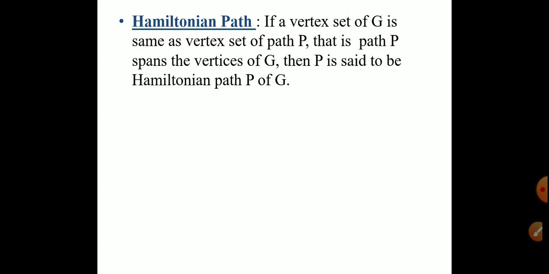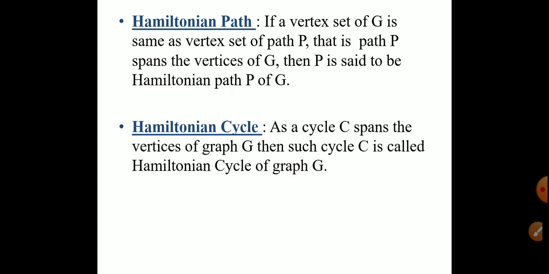So the number of vertices in the path P and the graph G are the same, that is, the path P spans all the vertices of the graph G, and only then is this path called a Hamiltonian path of G.